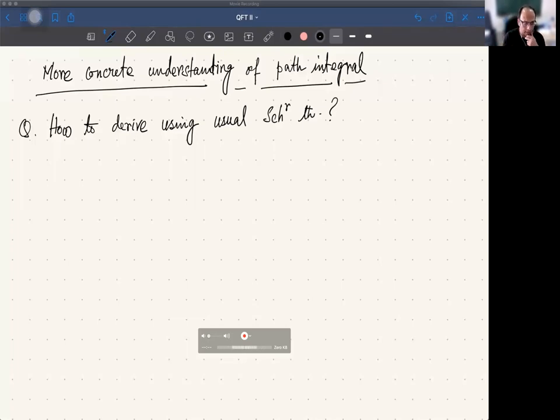To answer this question, first recall from the definition of the state x comma t that x hat of t acting on x comma t will be x times x comma t, where x hat of t is the Heisenberg operator.